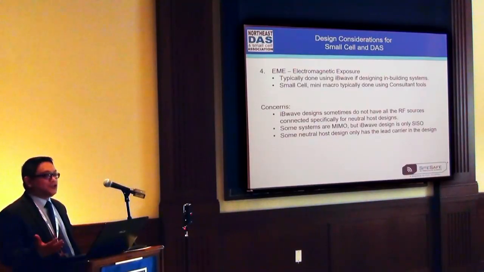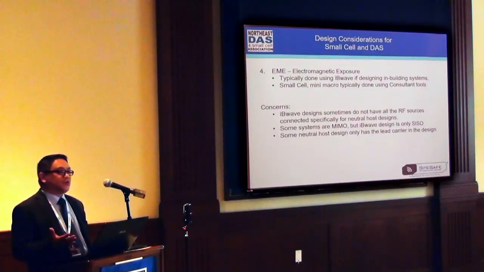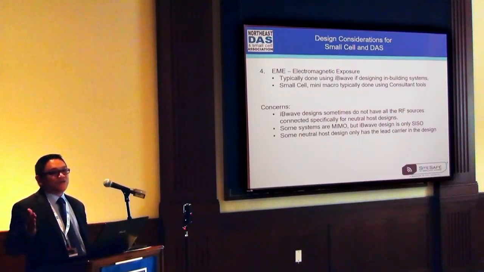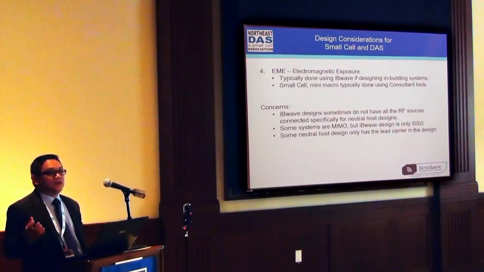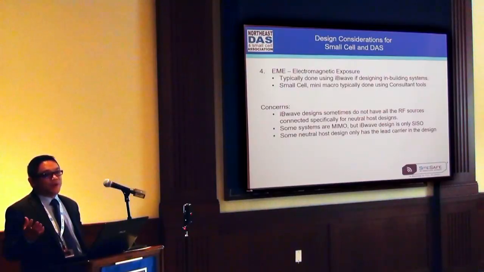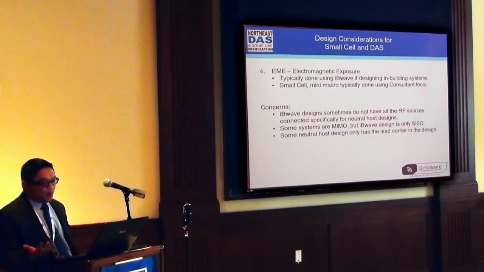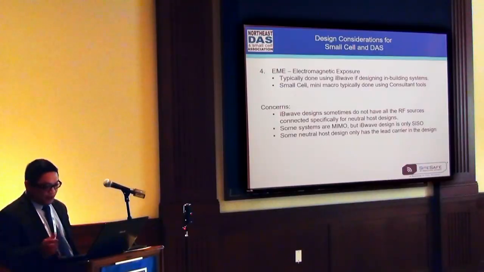All of these contribute to, shall we say, error in calculations for EME compliance. The FCC rules say that all of the RF sources within a given area should be measured or predicted so that the composite impact is determined for RF compliance, and not just for individuals or individual carriers.